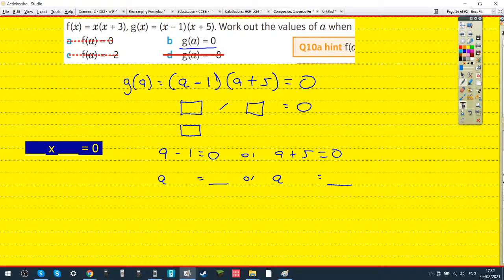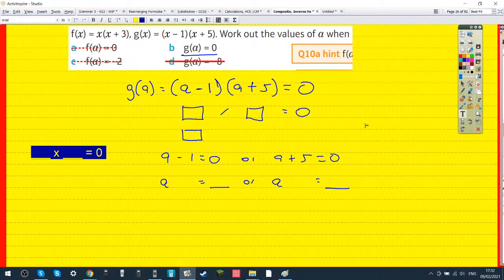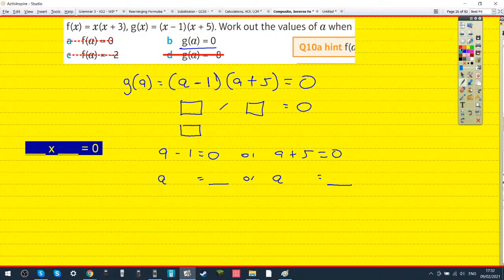Okay, so let's say for the first one, A is 1. Yep. So then 1 minus 1 is 0. So A is 1, or the other one? The other one, do you have to make that 0 as well?